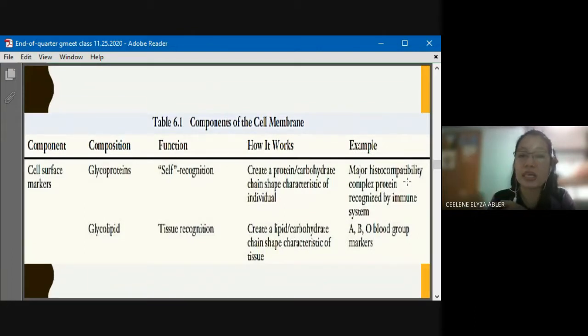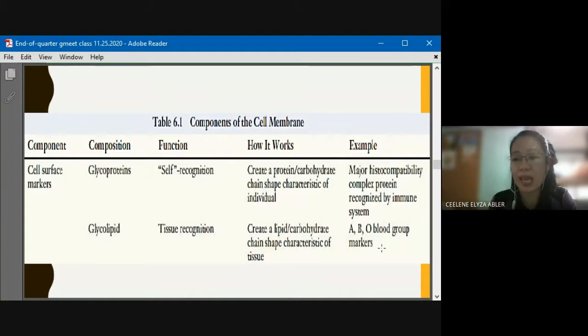So, yan siyang, or halimbawa, it's blood. So, kung halimbawa, blood siya, class, ang gagamitin is a glycolipid na recognition na type ng proteins. So, tissue recognition is ABO na blood group markers, yan siya. Yung nasa labas ng ating blood. So, halimbawa, type AB ka ba? Kagaya sa akin ay type AB.